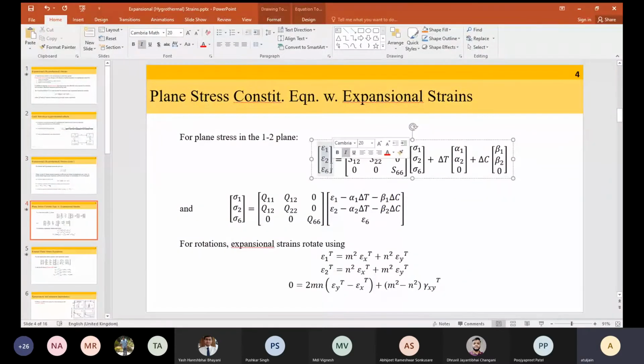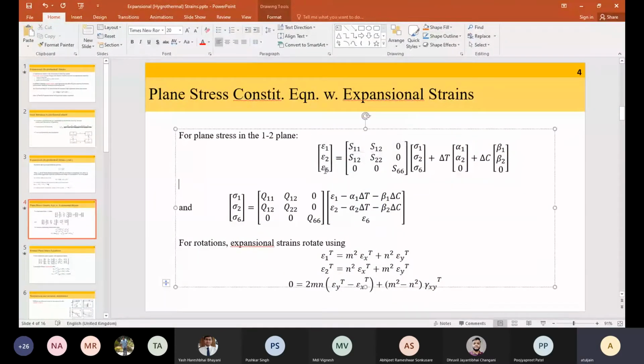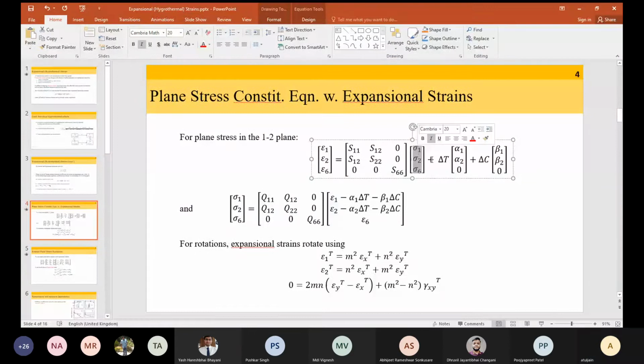So strain will be equal to, I'm only looking at plane stress in the 1-2 direction because I'm more interested in laminas. So strain is equal to compliance into stress plus delta T into thermal coefficients plus delta C into hygroscopic expansion coefficients.